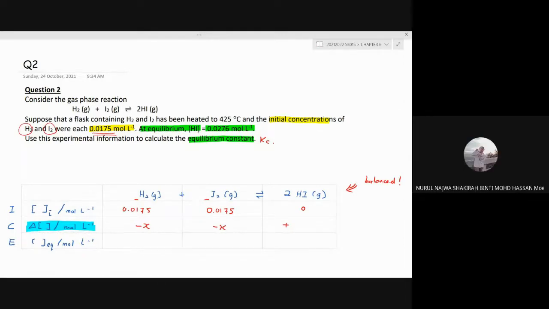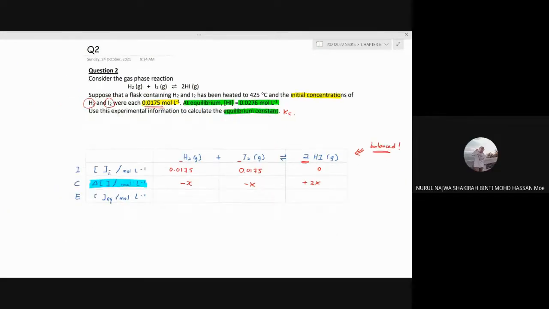So it is very important that you recognize that the equation must be balanced. For reactants, minus X for hydrogen and also iodine gas. For the product, because the coefficient is 2, we need to add 2X. Kalau dia 3, awak tambah 3X. Kalau 5, awak tambah 5X. Depends lah whether it is reactant or product. Can you follow?